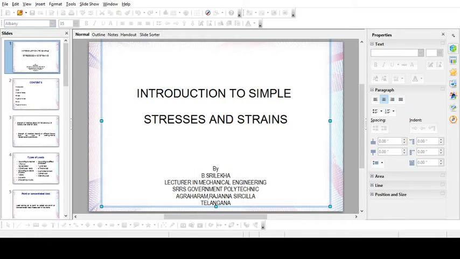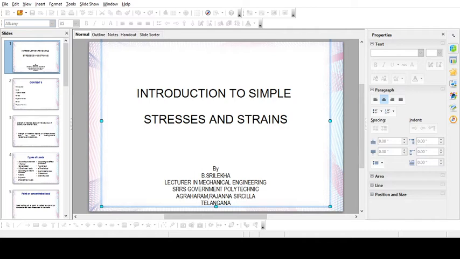So this load is called compressive load, and its corresponding stress is called compressive stress.